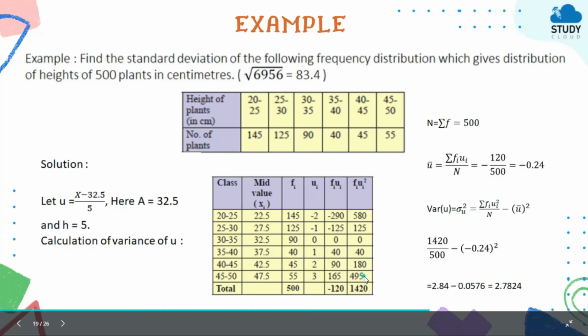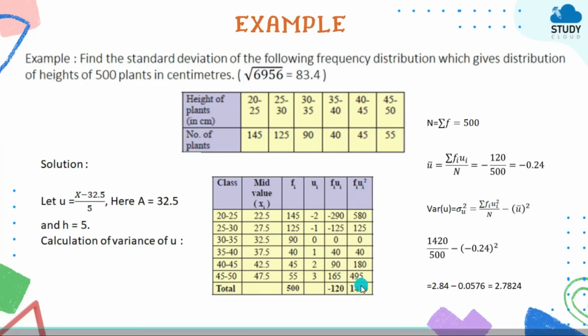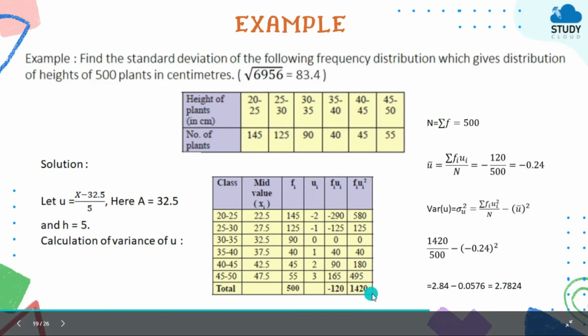Now you have to add all the values. First add the frequency, you get 500. Then add f into u, you will get minus 120 here. Then summation f u square, you will get 1420. So here your n is 500.